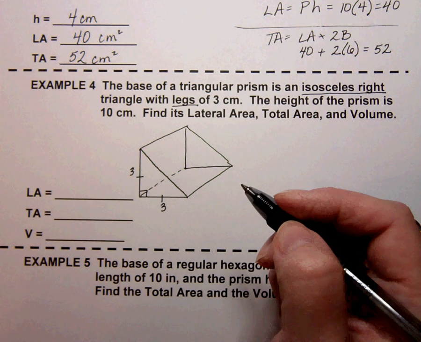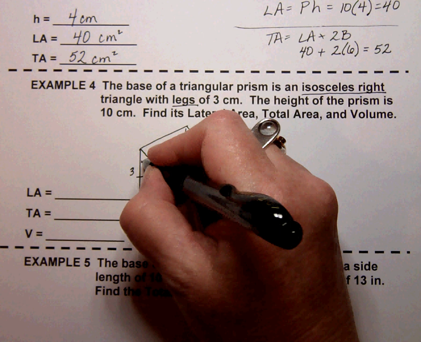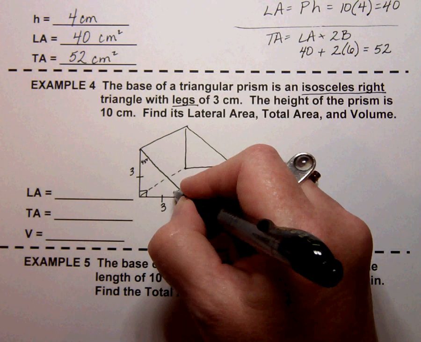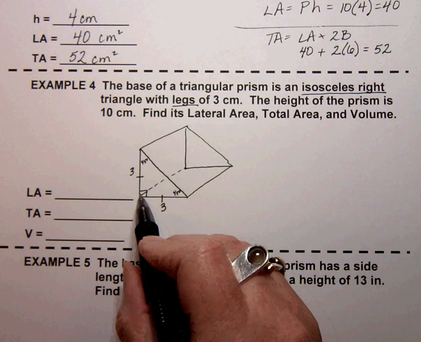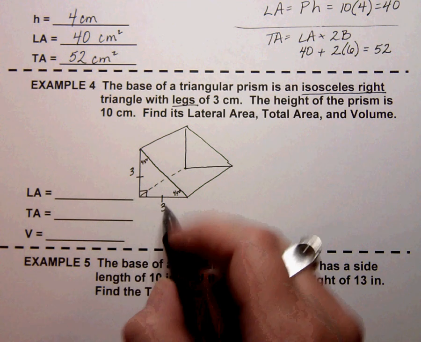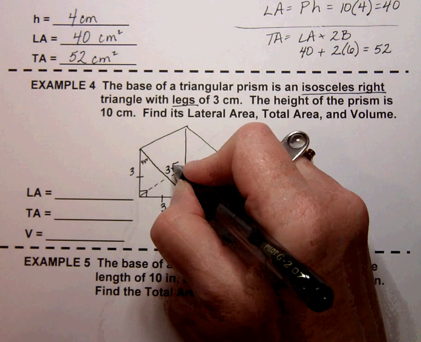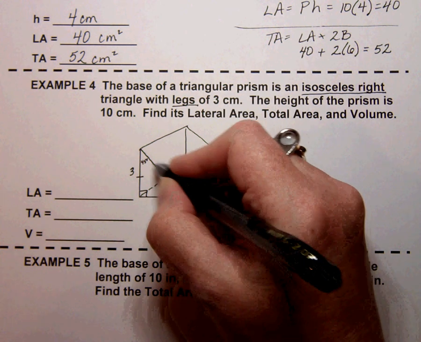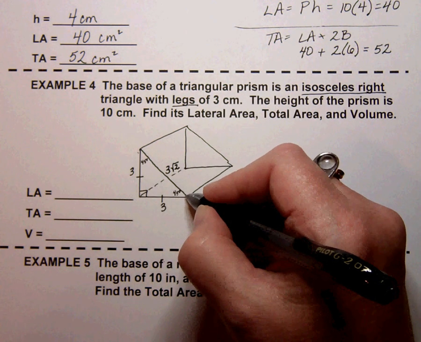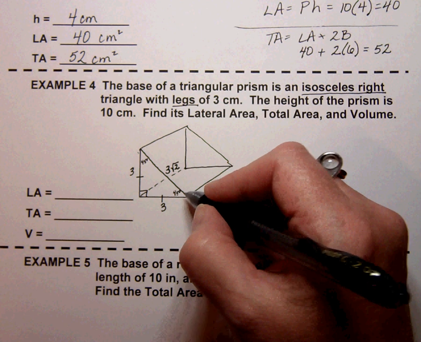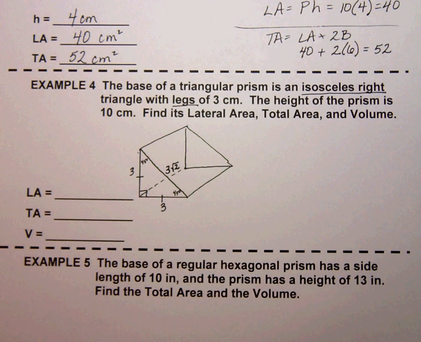You know, we could use a special right triangle. If this is a 45, 45, 90 degree triangle, then the legs are always the same and the hypotenuse is always whatever that leg is times the square root of 2. So this hypotenuse would be 3 times the square root of 2. Let's figure out that decimal form.